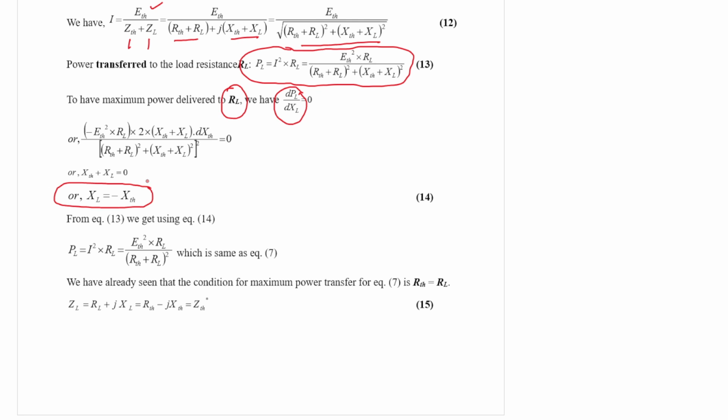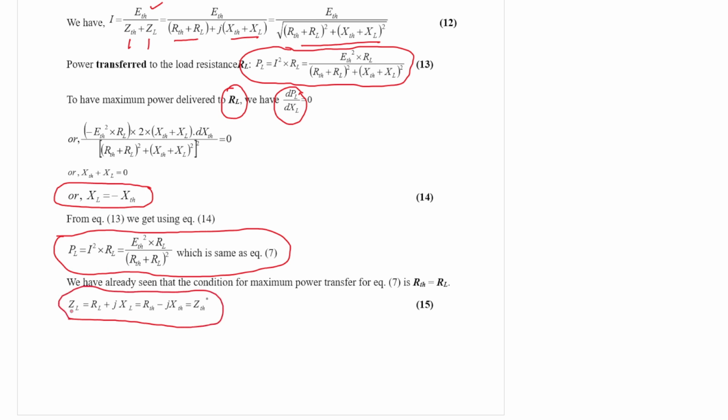So from there, you can directly substitute. If XL becomes minus XTH, they cancel each other out, and the maximum power transfer becomes this. So ZL must be equal to ZTH conjugate, or the reverse is also true.